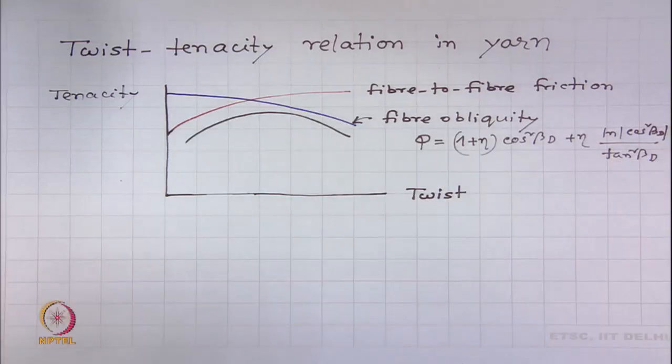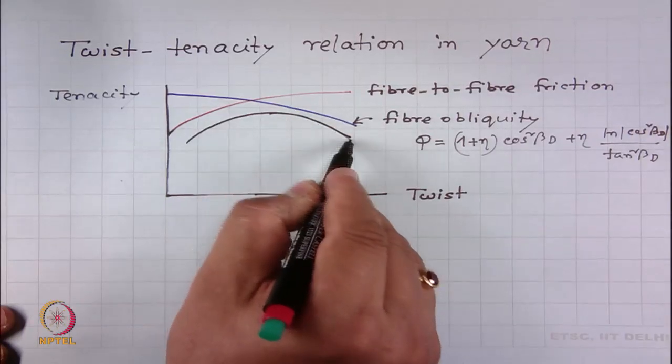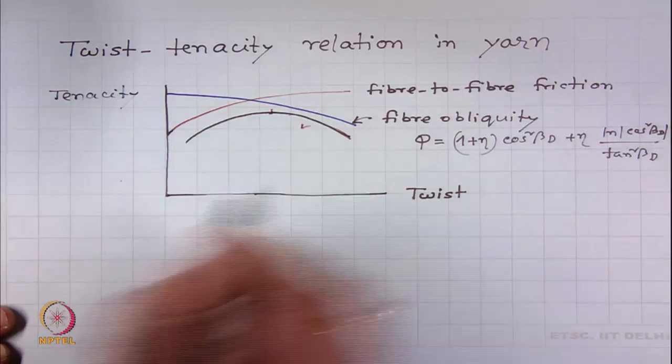So, in a twist tenacity curve, this part of the curve, the reason is understood.